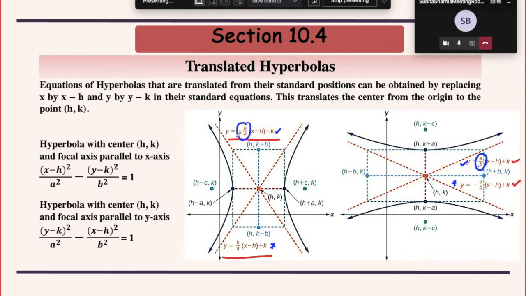In this case, the equation of your asymptotes is given by y minus k is equal to plus or minus b by a into x minus h. So basically if we subtract k from y and h from x, whatever is the coefficient of x, that number is giving us b by a. So you can check both the equations of the asymptotes, and this number which you find is either plus b by a or minus b by a, and accordingly you will get the relationship between a and b.